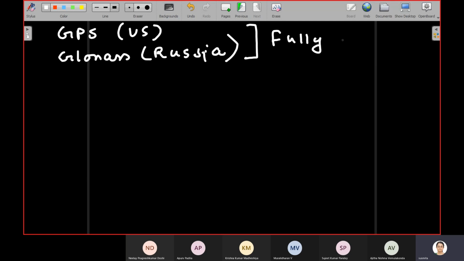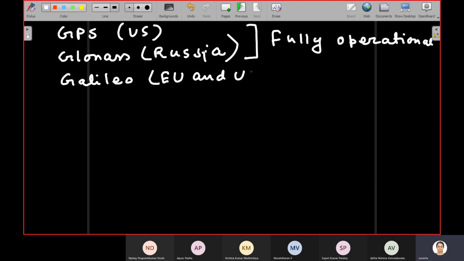Others are under development or partially operational. Then Galileo of the European Union and UK, Beidou of China. So these are 4 global systems. Using these global systems, the user can determine his or her position, velocity or time anywhere in the world.